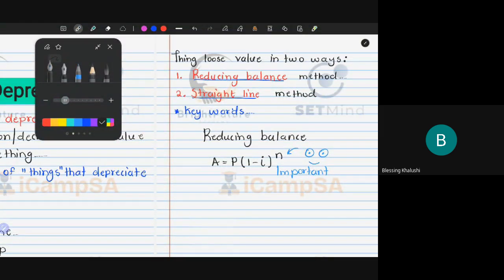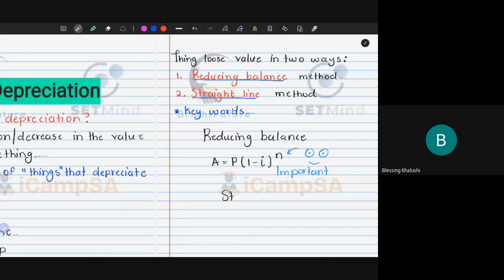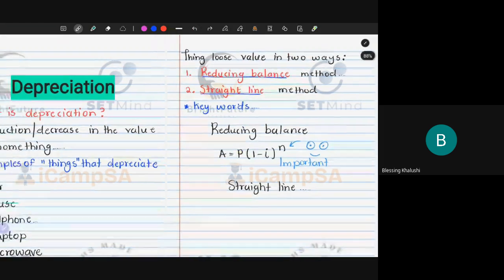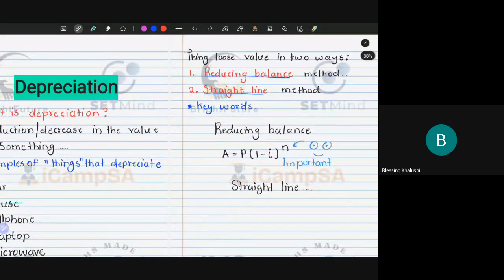And once they say straight line method, what we are going to use to calculate how our things are losing value is A equals P times (1 minus i times n).